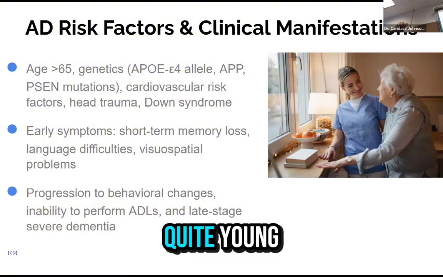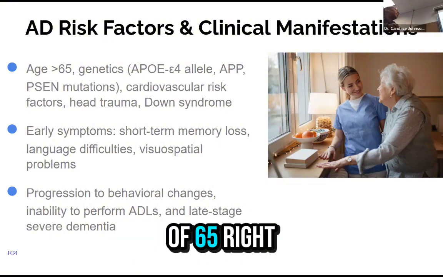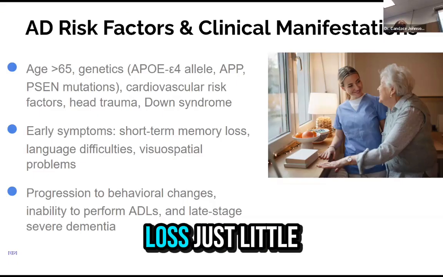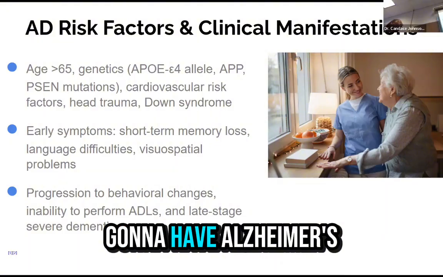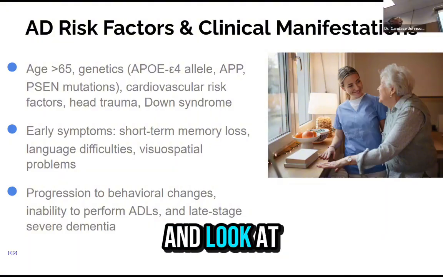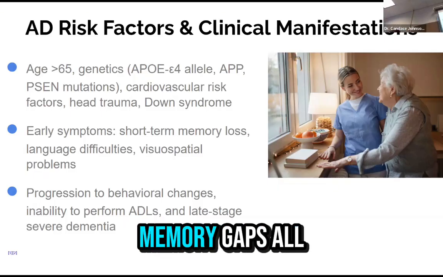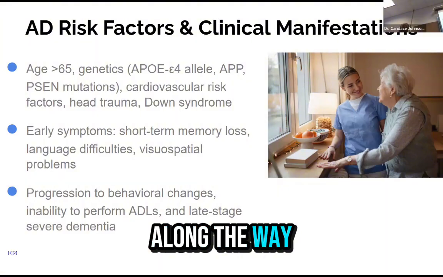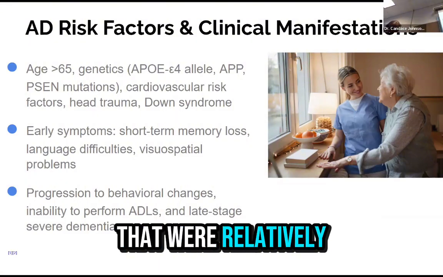All right, so the early symptoms might happen when the person's still quite young and not necessarily at the age of 65, right? Short-term memory loss, just little losses of memory. You know, it makes everyone think, oh, maybe I'm going to have Alzheimer's. But what we do know is that when you go back and look at individuals who have Alzheimer's, what you see when you go back in time is that they were having little memory gaps all along the way, probably for decades back, that were relatively unexplainable.